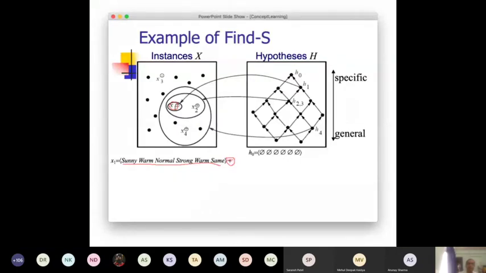So what should be the next most specific hypothesis, if you generalize H naught? For X1, H1 should be the same set of attributes, right?